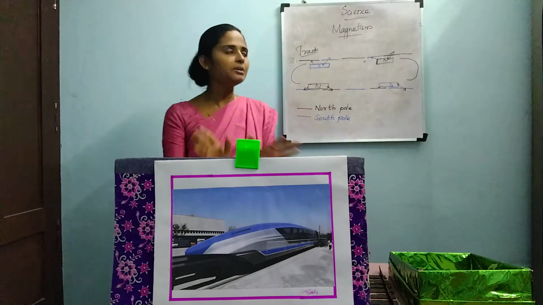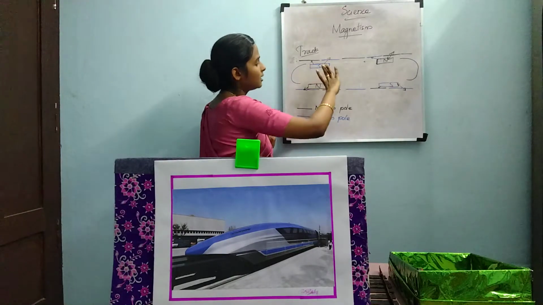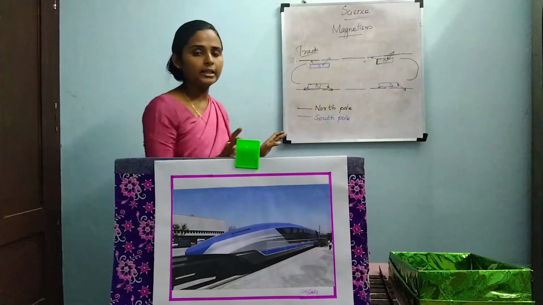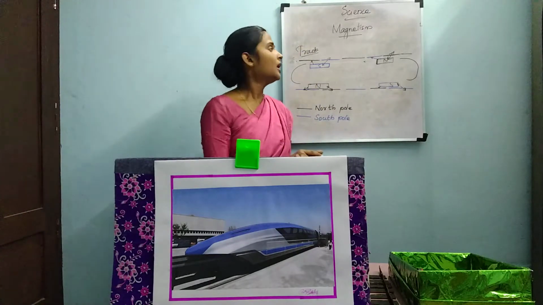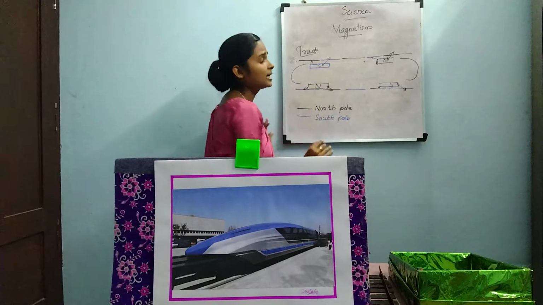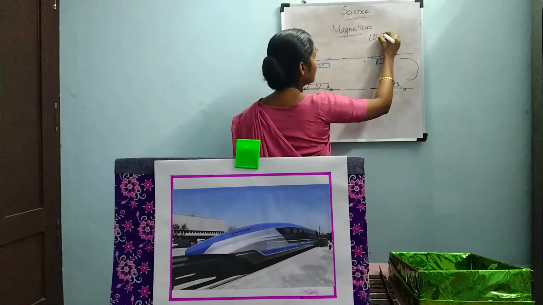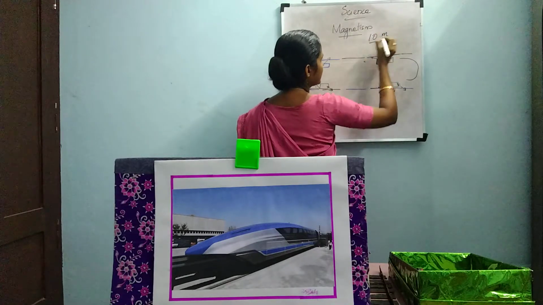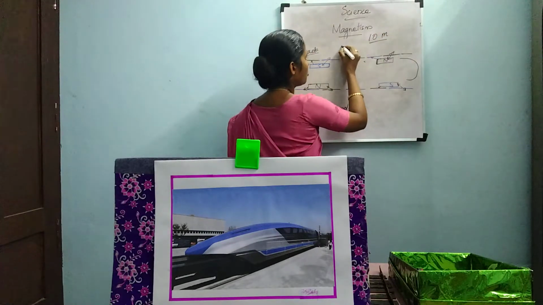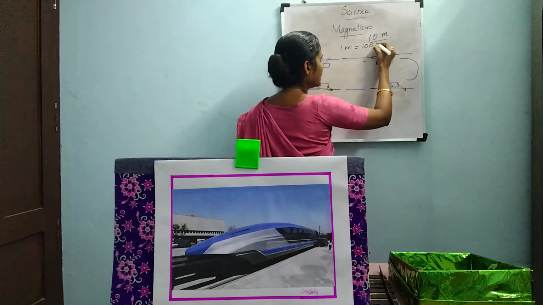This is a simple thing that is present in the maglev train. Okay. The gap between the track and the train is 10 meter. 1 meter is nothing but what? 1 meter is equal to 100 centimeter.